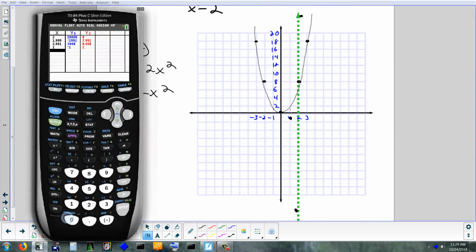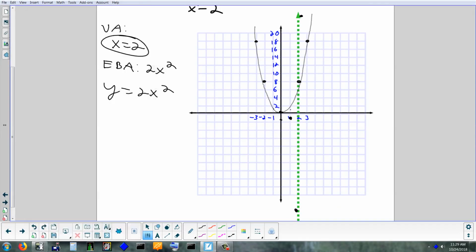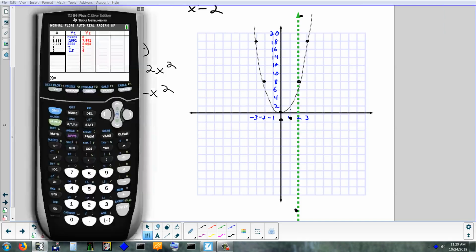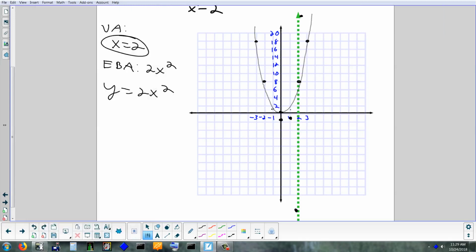Let's do 0. 0, -1.5. So right about there. All right, let's try -1. -1, 1. So -1, 1. So I'm going to be right about there.